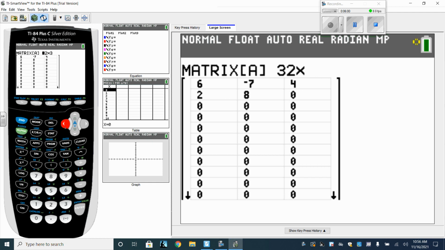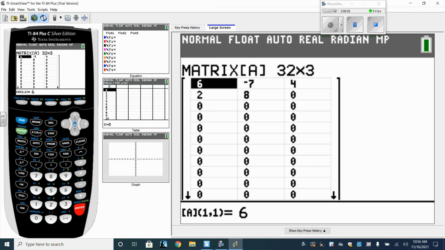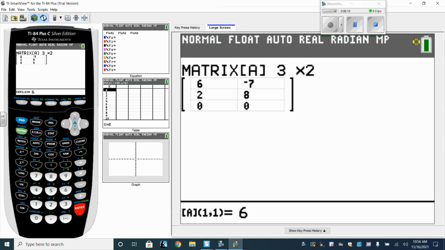Well, try this again. Three by 2. And it'd be 8, -4, 10, -20, 4, and 16.